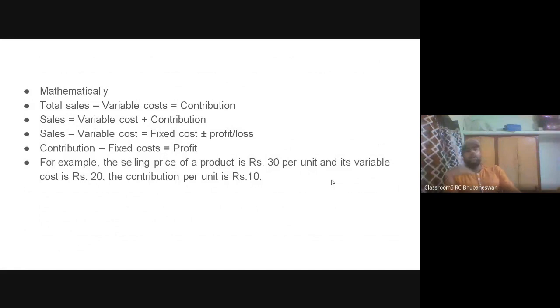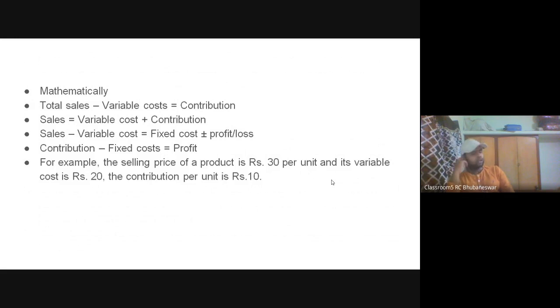नेक्स्ट, अगर कंट्रीब्यूशन के अंदर आ गया हमारा फिक्स्ड कॉस्ट प्लस माइनस प्रॉफिट और लॉस, देन प्रॉफिट और लॉस इज इक्वल टू क्या होगा, अगर पहला बार हम लिख रहे हैं प्रॉफिट इज इक्वल टू कंट्रीब्यूशन से फिक्स्ड कॉस्ट निकाल देंगे, और लॉस अगर जानना चाहते हैं तो क्या करेंगे, कंट्रीब्यूशन में ऐड कर देंगे फिक्स्ड कॉस्ट. ओके, सो इट विल बी आवर लॉस.